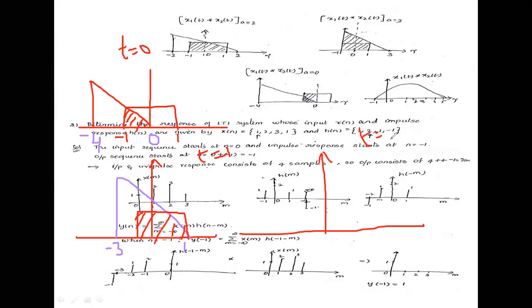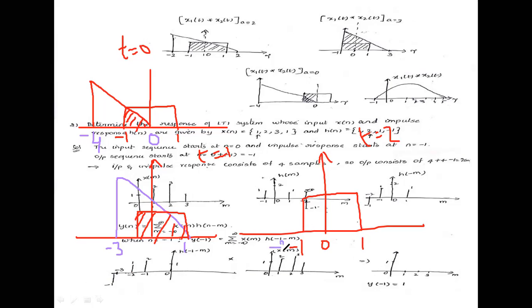At t is equal to 2, already we have minus 1, 0 and 1 for the x1 of t. Now what is the x2 of t? Add the 2 for the first function. So minus 4 plus 2 is minus 2.